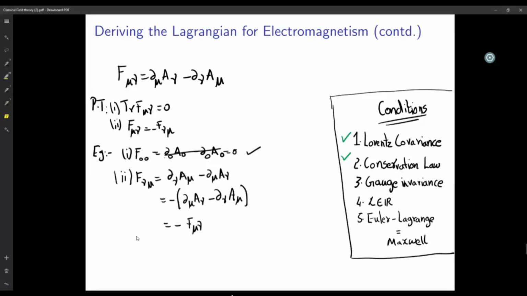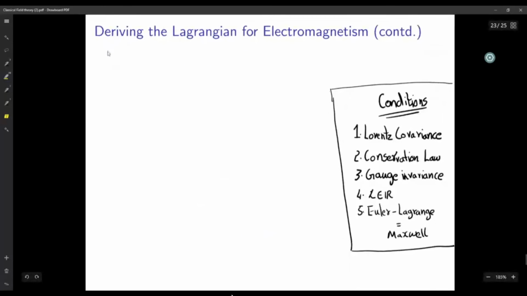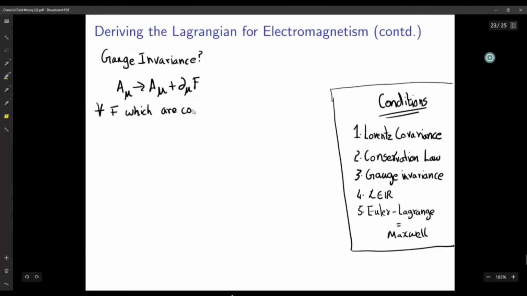And that is a question that has a fitting answer. So gauge invariance is what we'll prove now. I'll just make a small transformation. A mu goes to A mu plus dou mu f, for all f which are continuous.